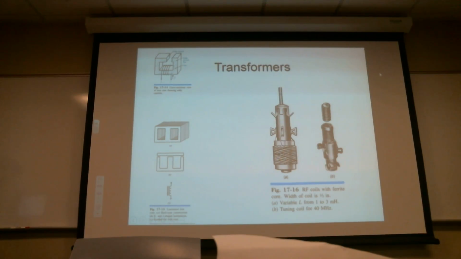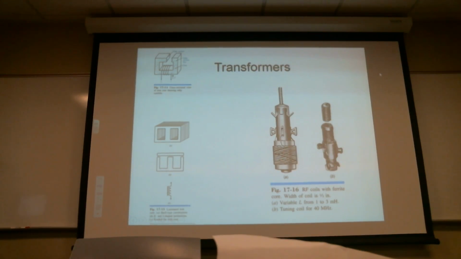Okay, so in this particular case, you'll see they say A or B. They'll say 1 to 3 millihenries. So remember, we were looking at trying to calculate inductive reactance. We used henries. Well, depending on where you adjust it, that's what you would get.